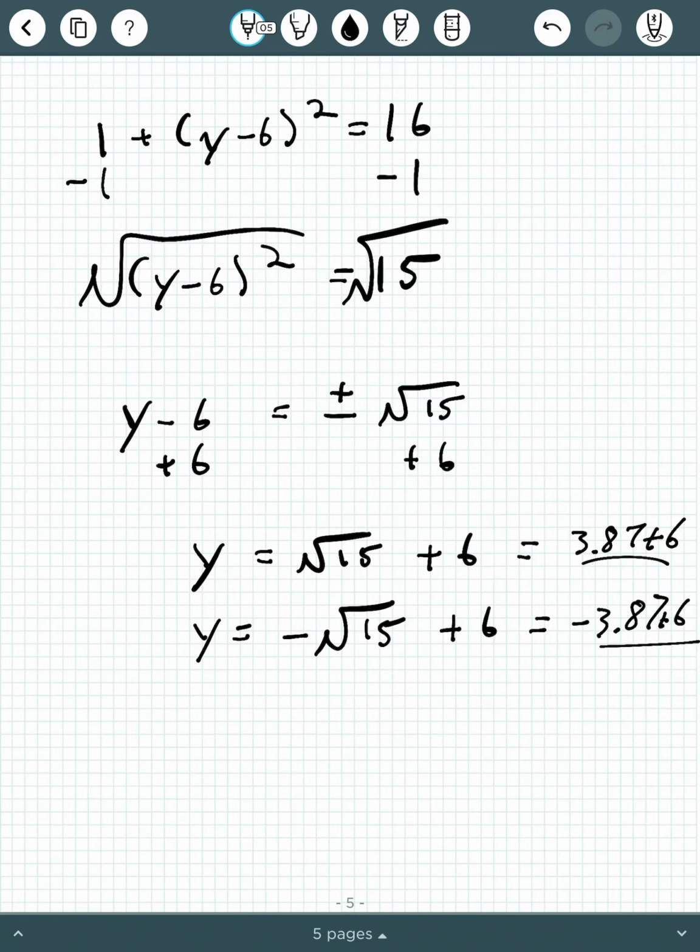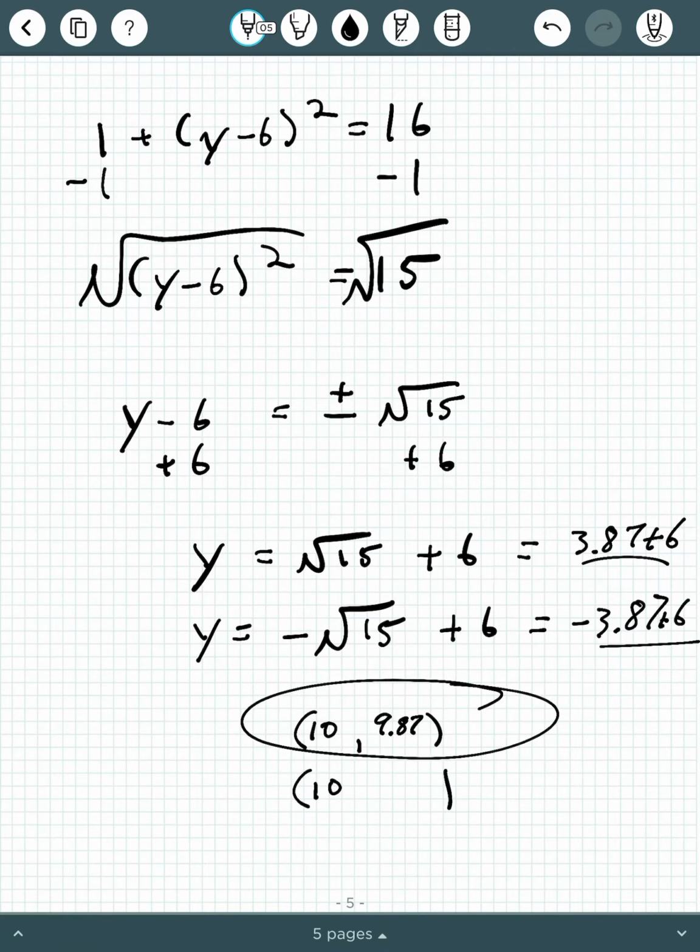So we plugged in 10 for x. When we combine these, we'll get 9.87 for one coordinate. So when x is 10, y is 9.87. And then when we do negative 3.87 plus 6, we end up getting 2.13. So those are our two coordinates.